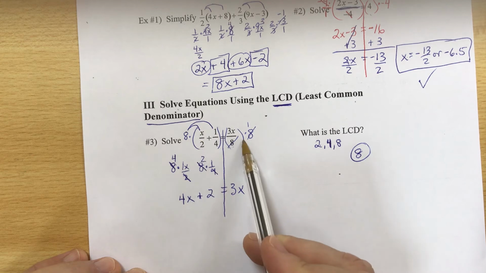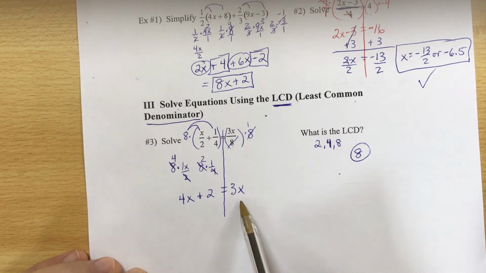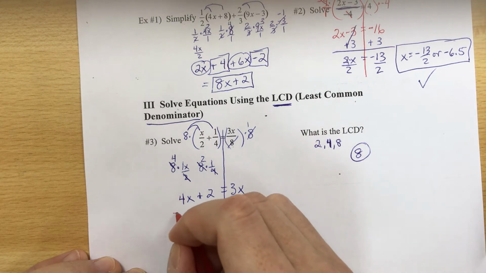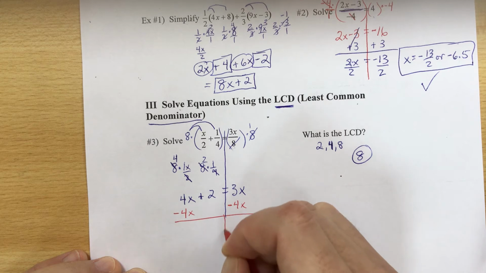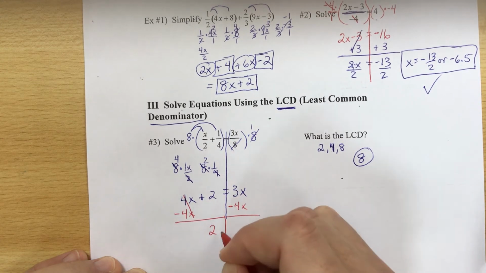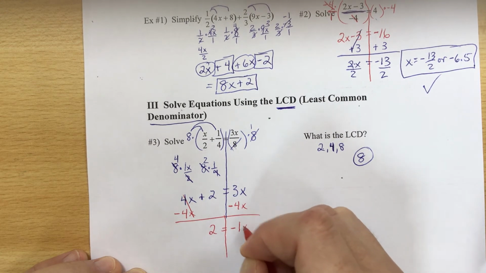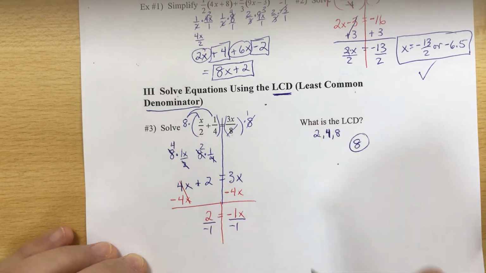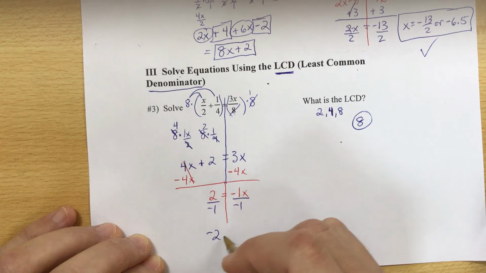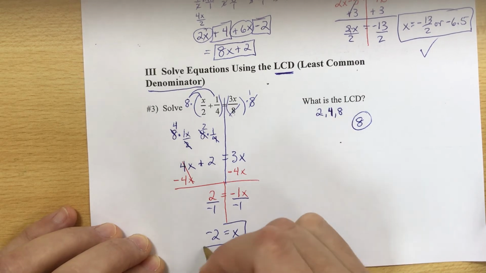So by doing this one move here, now the fractions are gone, and now we can solve it. Let's move the 4x to the other side. We'll subtract it, make a 0 pair. So we get 2 equals negative 1x. And then the last move here is divide by negative 1. And what we get is negative 2 equals x.